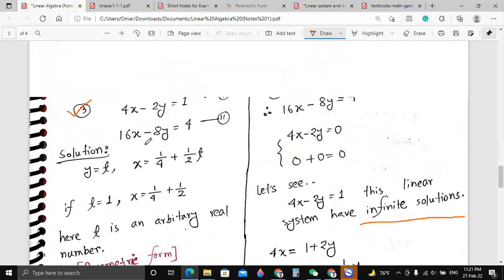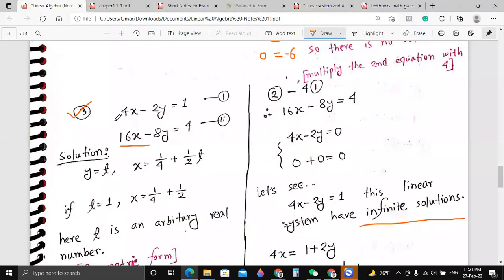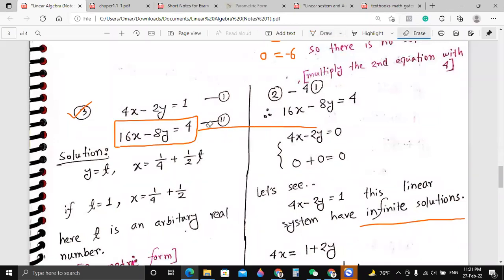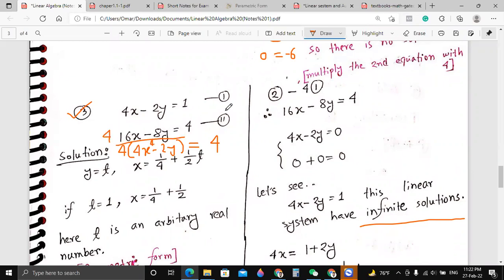So if I take the second equation and take 4 as a common factor here, it will be 4, bracket, x minus 2y, is equal to 4, right? I just multiply by 4 here and divide by 4 here, or simply we can say we take 4 as common.